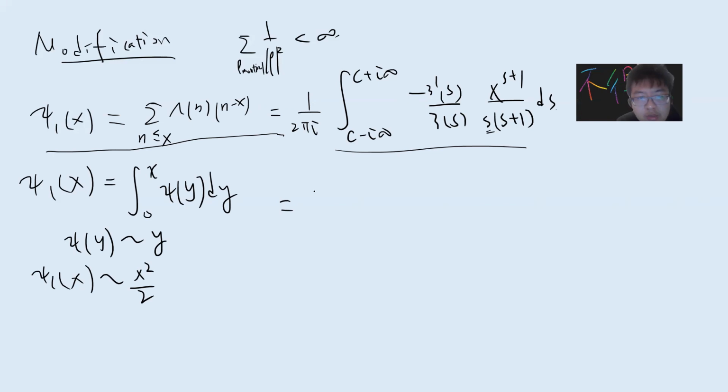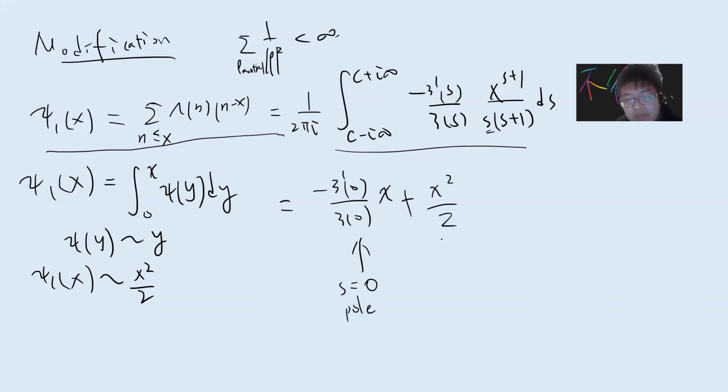So I do exactly the same thing. I take s equals 0 and I get a term x, because plugging in 0 plus 1 gives x to the 0 plus 1. And this is the s equals 0 pole, and this is the s equals 1 pole, so I get x squared divided by 2. Actually, I should say this is the original s equals 1 pole from the zeta function, because plugging in s equals 1 I get 1 times 2, which gives x squared over 2.